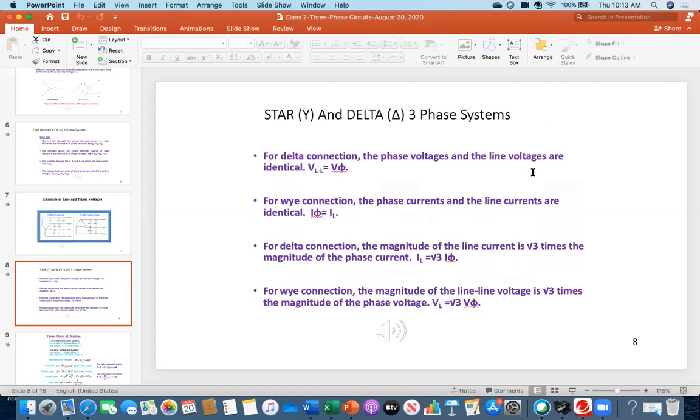Line voltage does not mean that it is only across one line, because this is voltage, and to measure voltage you must need two points. With only one point, you can't measure the voltage.